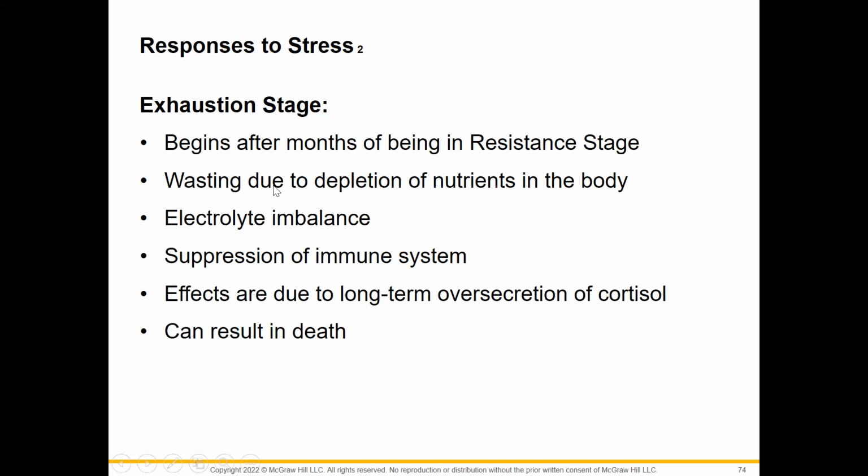You'll end up with electrolyte imbalances because, again, you're utilizing lots and lots of those nutrients in order to help you run away from the tiger. It will suppress the immune system. Have you ever noticed that at the end of a really tough semester, you might get sick, you catch a cold or a flu, or have you ever known somebody that had that happen?